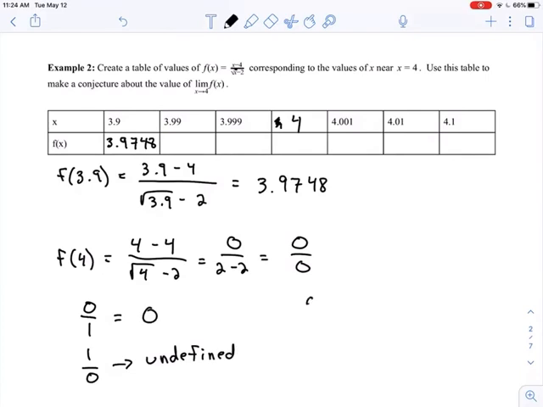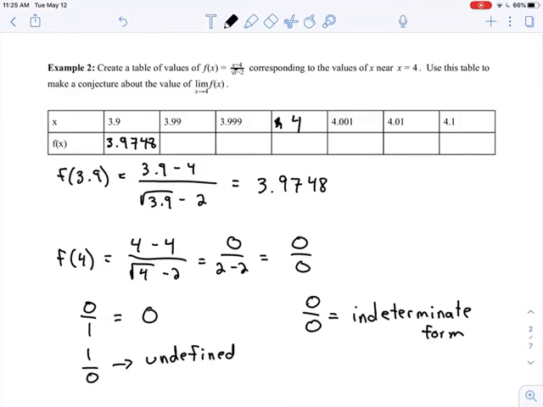But if I have something like 0 divided by 0, with 0 in my numerator and in my denominator, this has a very fancy calculus name. This is indeterminate form. And really what this means is, the limit might exist there, but it might not.